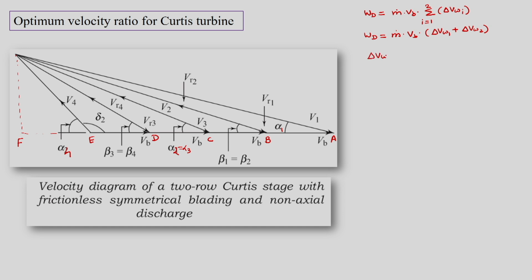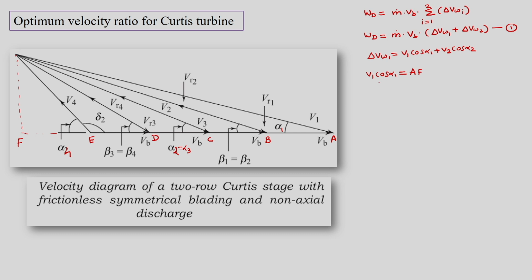So, we are interested in finding out delta Vw1. Let us name this as equation number 1. We know delta Vw1 is equal to V1 cos alpha 1 plus V2 cos alpha 2. As per this diagram, V1 cos alpha 1 is equal to AF.